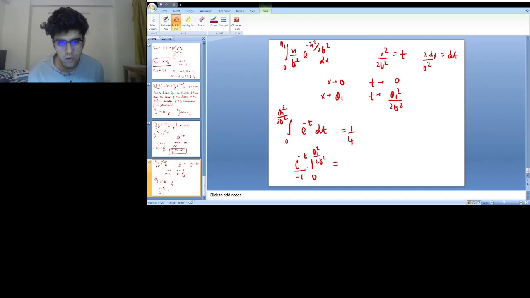Substituting, this gives me minus e to the power minus Q1 square by 2b square minus, if I substitute 0 in place of t, this gives me 1. So this becomes 1 minus e to the power minus Q1 square by 2b square. Let me go to the next slide.